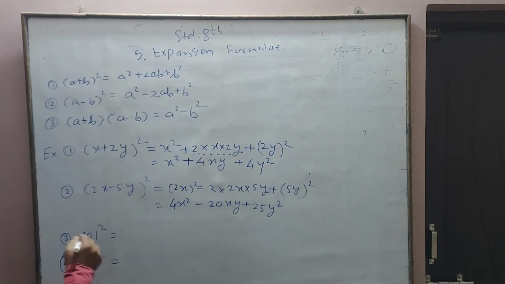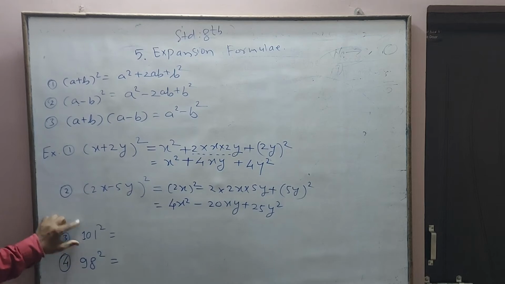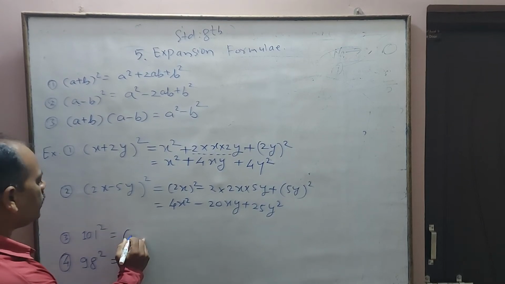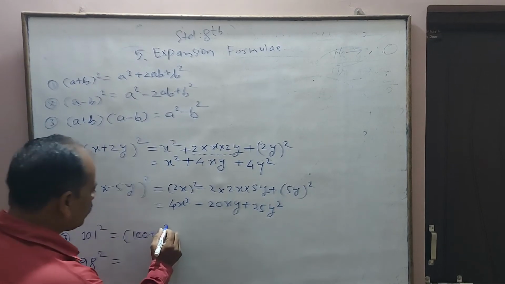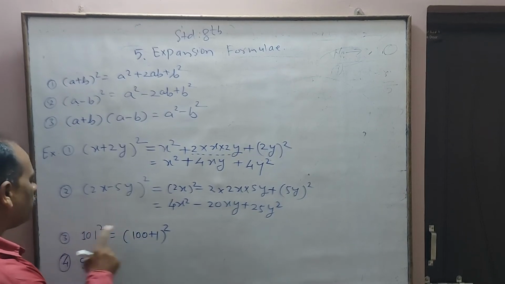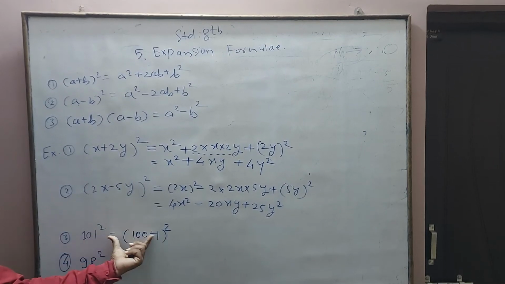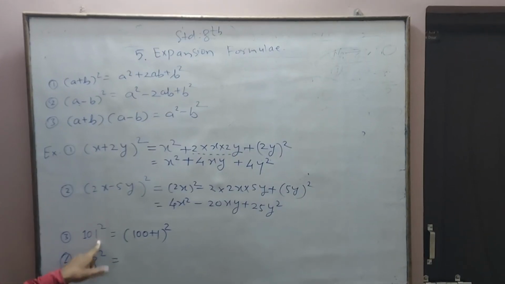Now we see some numbers, how to find the square of some numbers by using this type of formulae. So here is 101 square, so we write this 101 as 100 plus 1 and its square. So I square this number 100 plus 1, that means 101, because this number 101 is close to 100, and 1 more is there, so plus 1.